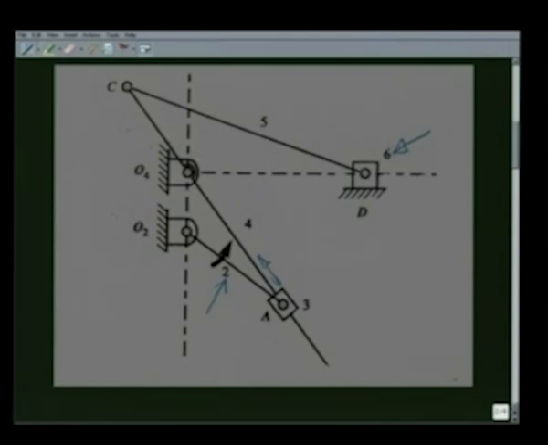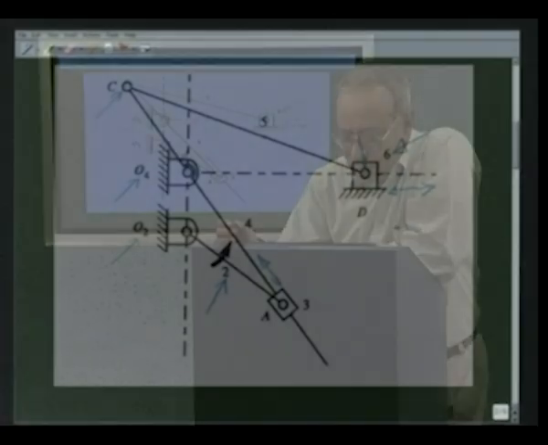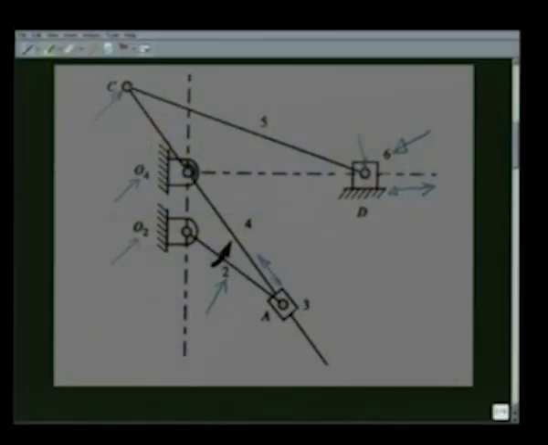Link 4 is hinged to the fixed link at O4, link 2 is hinged to the fixed link at O2, and links 4 and 5 are connected by this revolute pair at C. Link 5 and 6 are connected by this revolute pair, and link 6 has a prismatic pair with fixed link 1 along this horizontal direction. For these given kinematic dimensions, our objective is to determine the quick return ratio if link 2, that is the input link, rotates at constant angular speed.